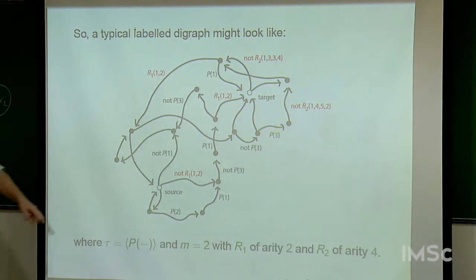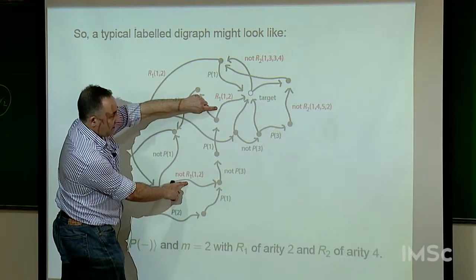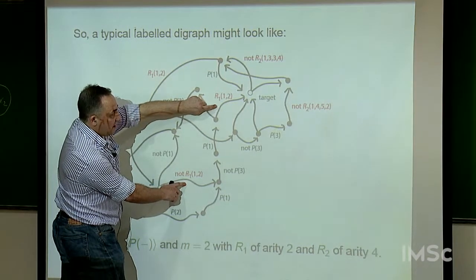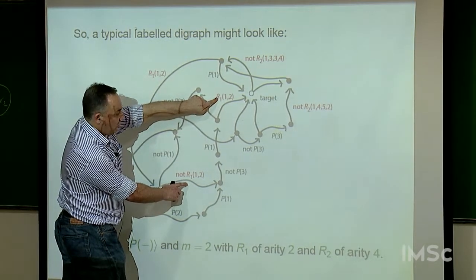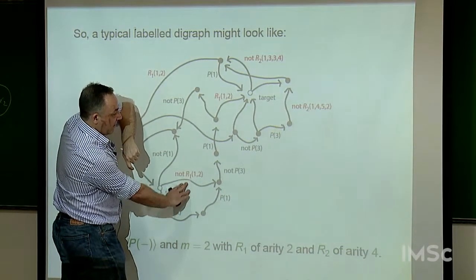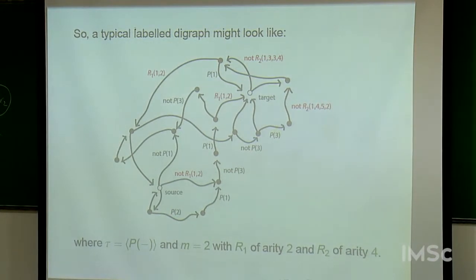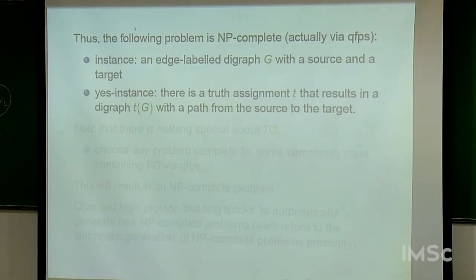So for example, in any R assignment, I can never have those two edges at the same time, because if I make R12 true, this is going to be false, so this edge disappears. If I make this R12 false, this is going to be true. So you've got to look, and that's where the trick is.